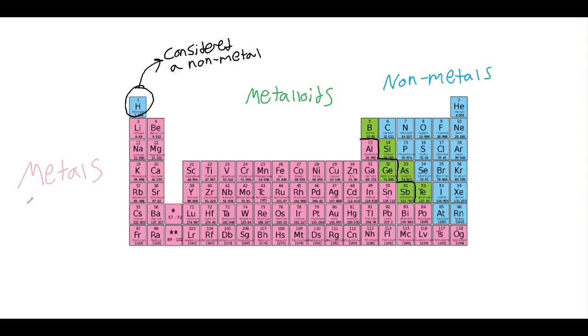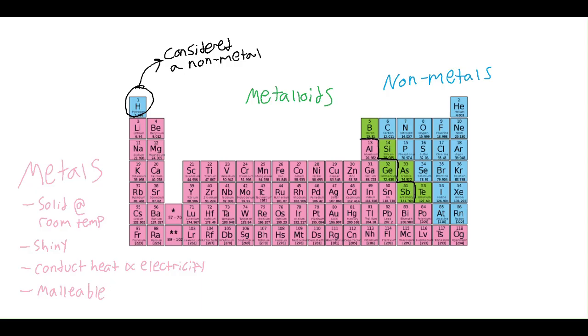Metals tend to be solid at room temperature. They tend to be shiny. They conduct heat and electricity. And they are malleable.